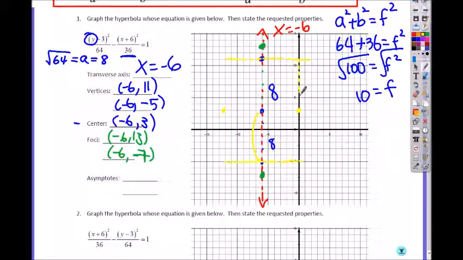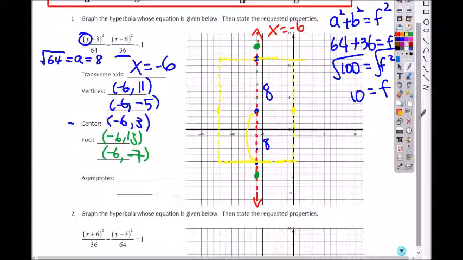And using that width, you can draw a rectangle. So this is a, and this is b. So how much you go down and up is whatever you have under y, and whatever you have under x is left and right. Then you have to use a straight edge to connect the opposite vertices to draw diagonals.